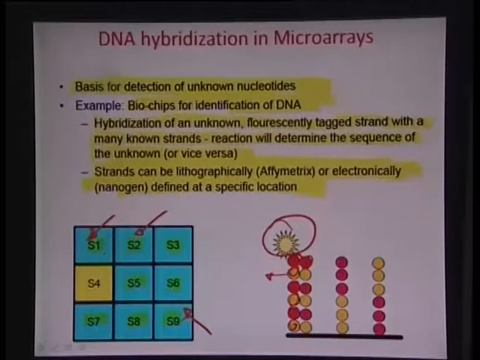If you wash this plate, the bound DNA stays back and you still have the fluorescent signal, which is indicative that there is complementarity in the input target strand, based on which you can find out the sequence, because you already know the sequence on the capture probe. So this is what the DNA hybridization principle is.